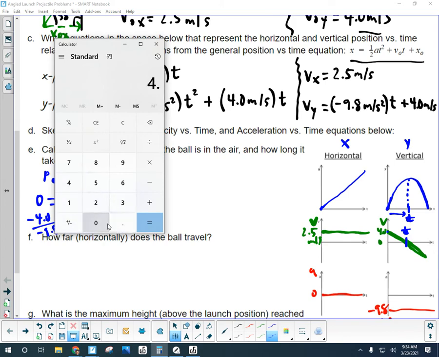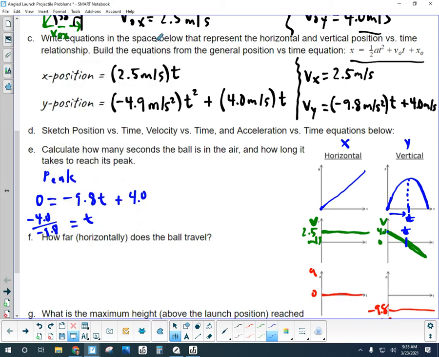All right, so 4.0, I can make it negative if I want, divided by 9.8, which is also negative. And I get a decimal value less than 1 second. I'm going to keep 2 significant digits, so I'm going to call it 0.41 seconds. And again, that is time to peak.